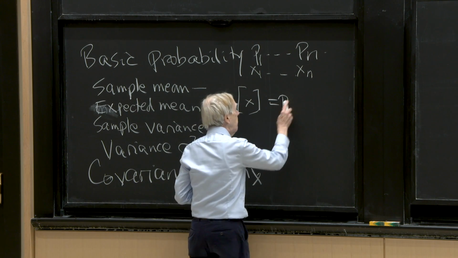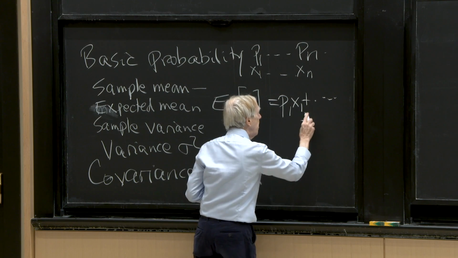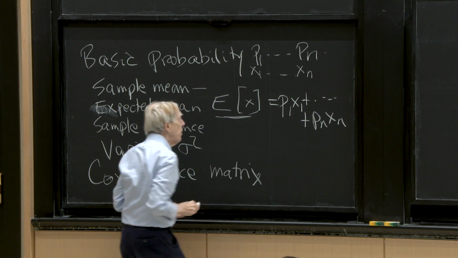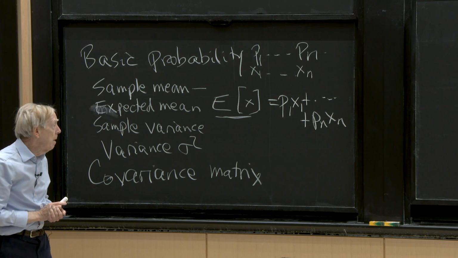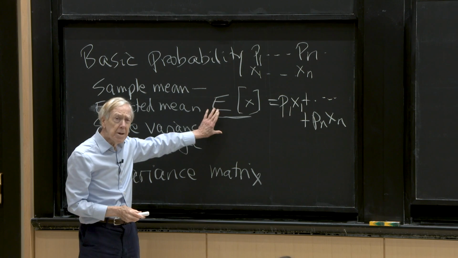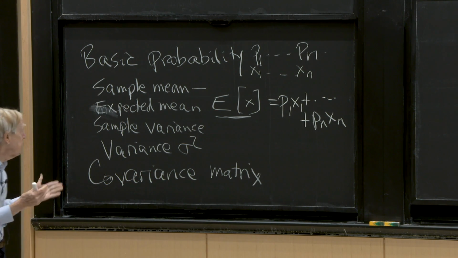So it's p1 x1 plus so on plus pn xn. So that's the expected value of x. Are you comfortable with that symbol E? Because that's everywhere. It gives a handy shorthand.